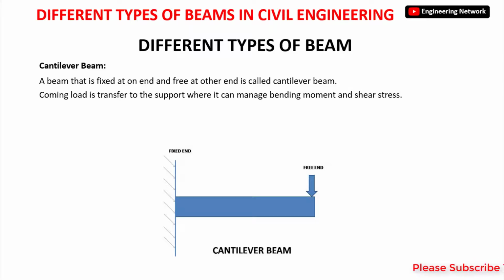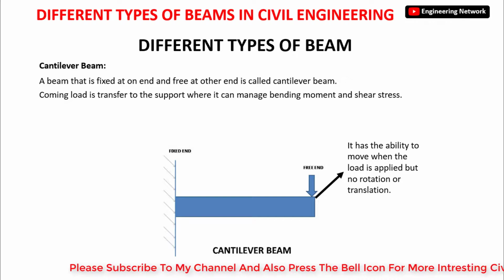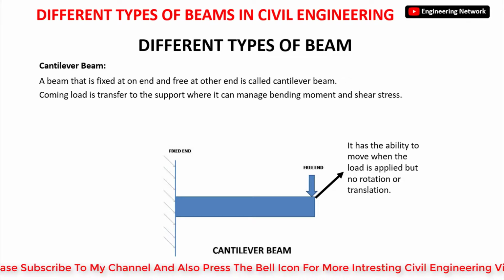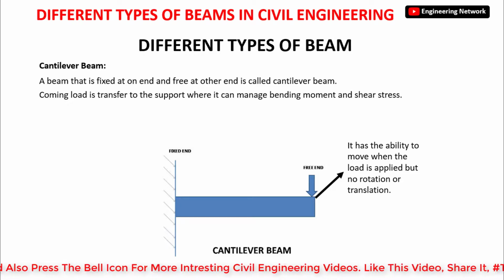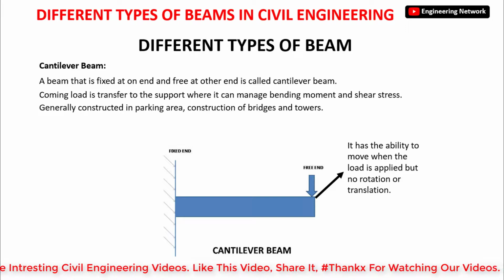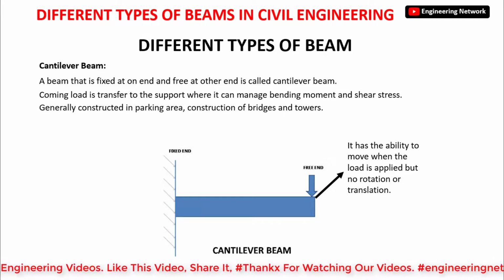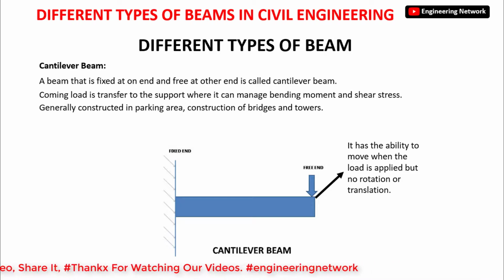Okay? Also, the free end of the cantilever beam has the ability to move when the load is applied, but no rotation or translation will occur at the fixed end, right? Such types of cantilever beams are generally constructed in parking areas, construction of bridges and towers.